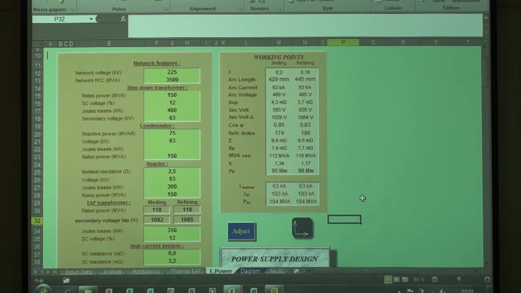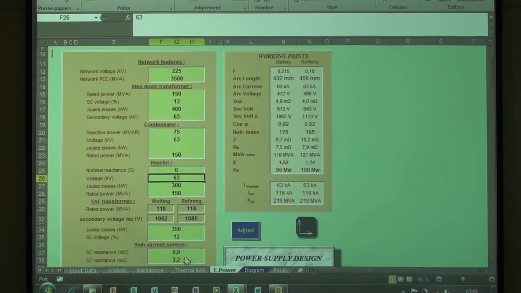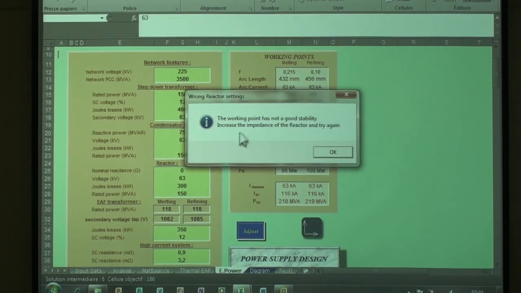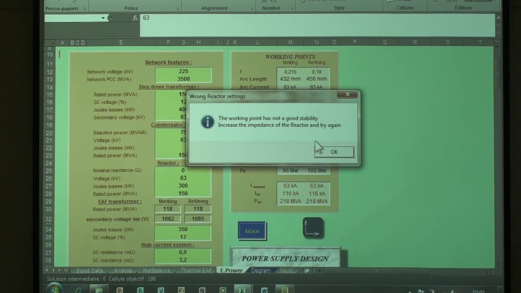Well, you have to know that sometimes you make mistakes. For example, I remove the reactor. Then you get a warning.